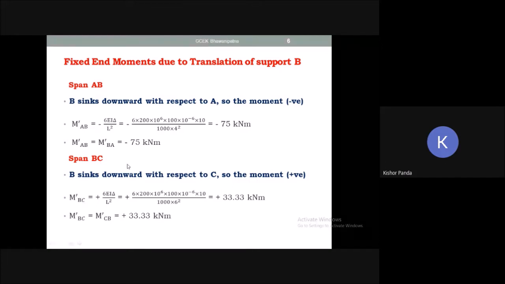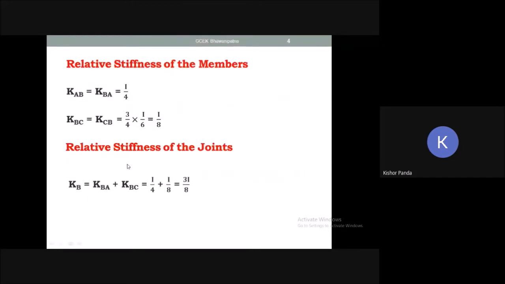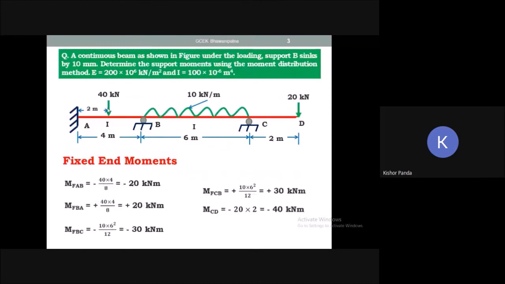Then consider span BC. When we are considering span BC, support B is on the left side and support C is on the right side. So here support B sinks 10 mm in the downward direction with respect to the right support.